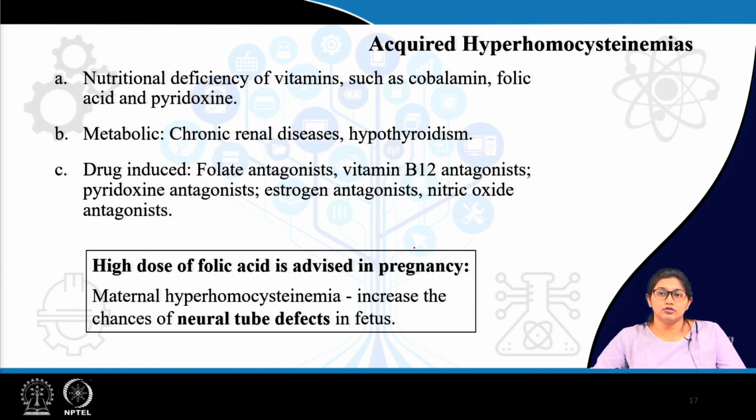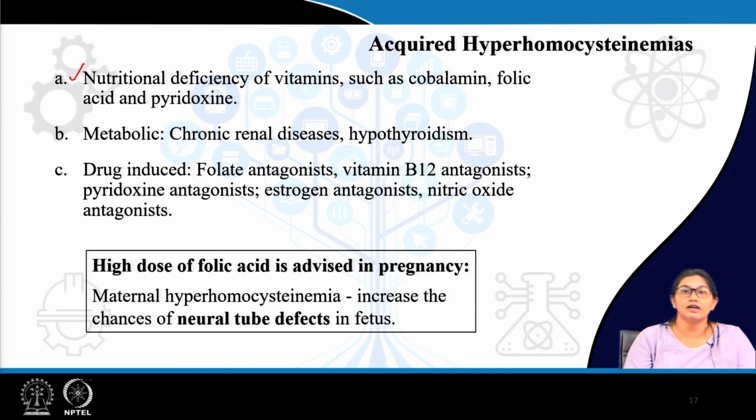So, the congenital defects, of autosomal recessive pattern, are related to the different enzyme deficiencies, whereas acquired hyperhomocystinemia, or the increased level of homocysteine in blood, is mostly due to nutritional deficiency like cobalamin, folic acid, pyridoxine, which are needed for the synthesis of methionine from homocysteine.